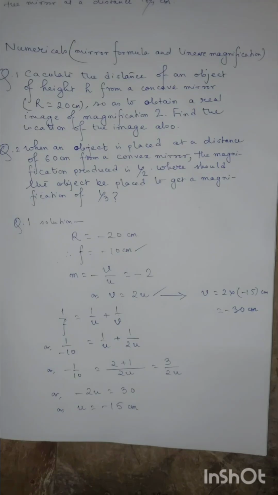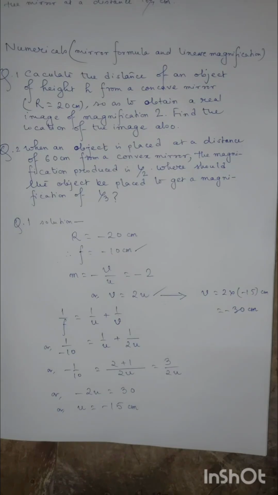The next question says: when an object is placed at a distance of 60 centimeter from a convex mirror, the magnification produced is half.